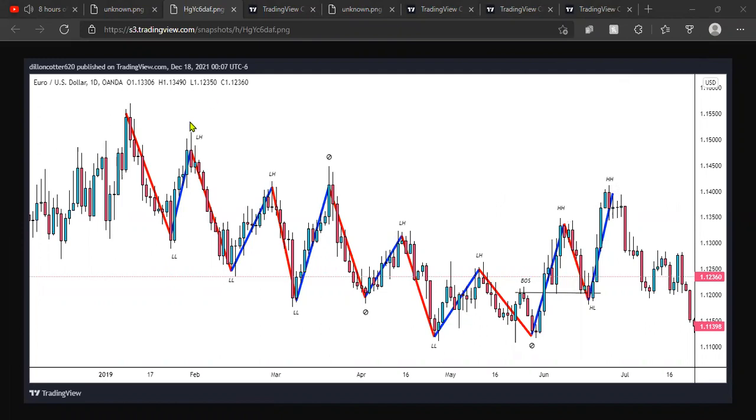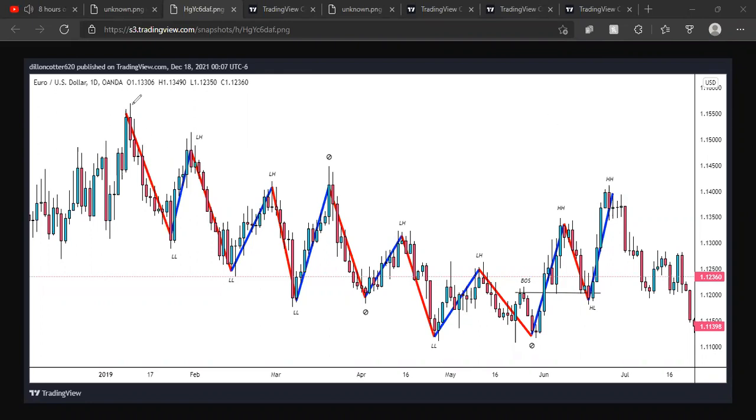In a bearish trend, you're going to get your expansions to the downside. And in a bullish trend, you're going to get your expansions to the upside.